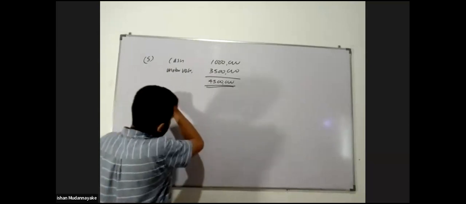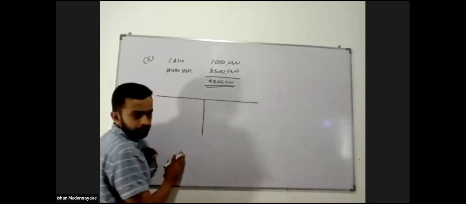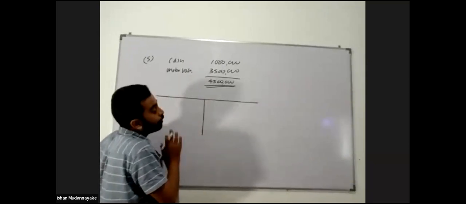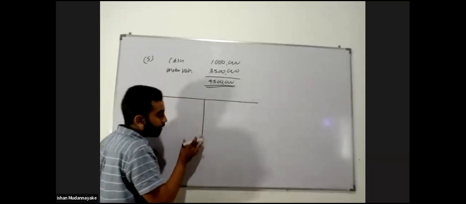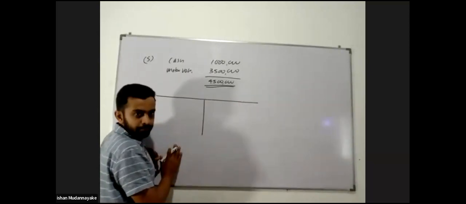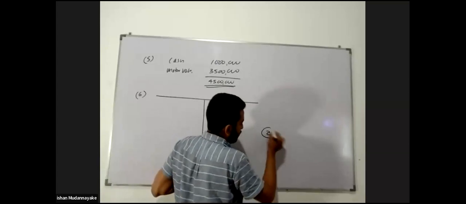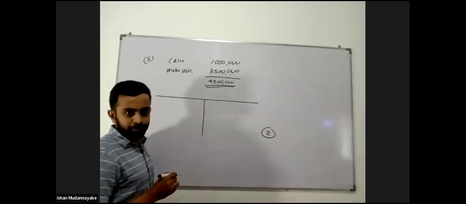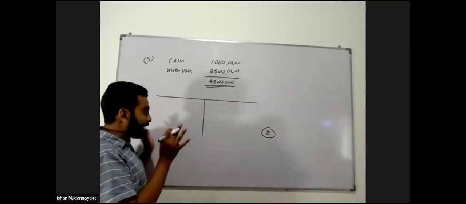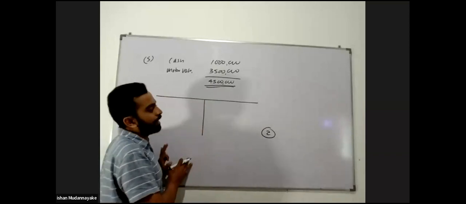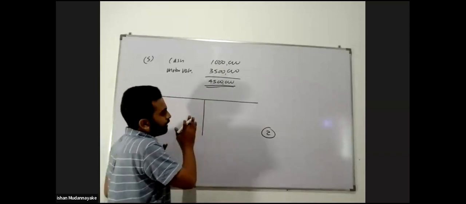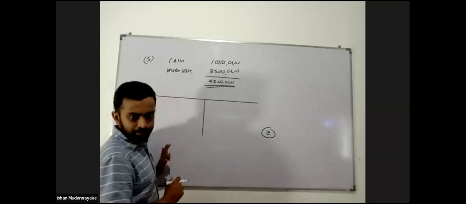You can use a T format cash book to calculate the cash book balance. For each question you can get only 2 marks. Therefore, the examiner is not expecting the structured format of the cash book. Just write down the T account and calculate the cash balance.